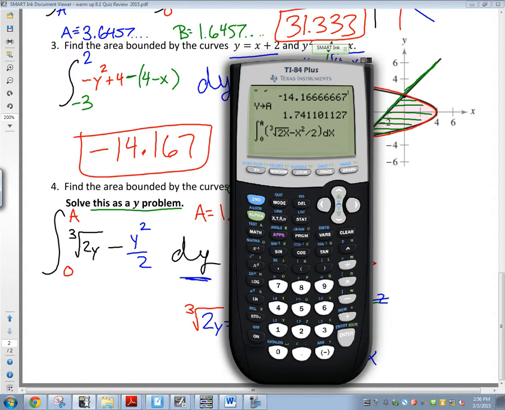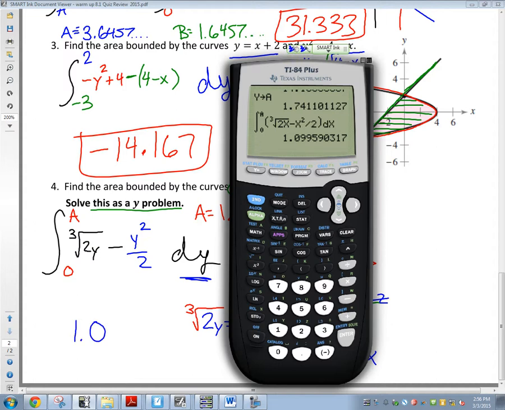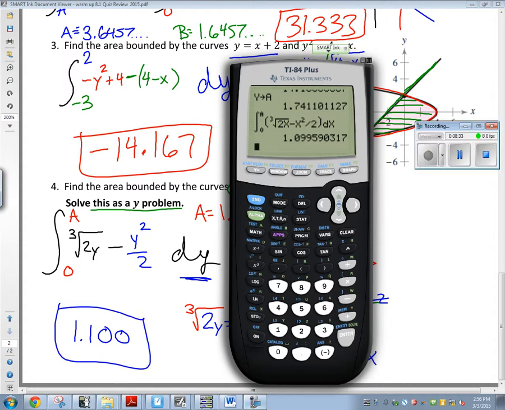It's going to take it a second here. It's figuring it out. My answer is 1.0. Let me rephrase: 3 decimals, so I'd have to round up both of those, so 1.100 would be my answer to that question. Make sure you understand what's going on.